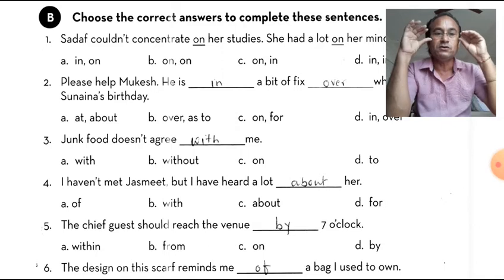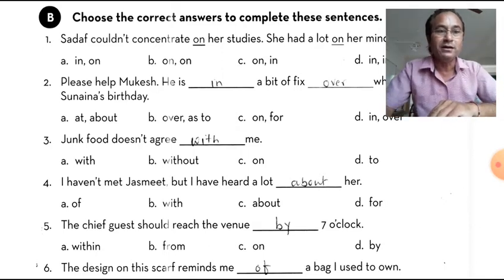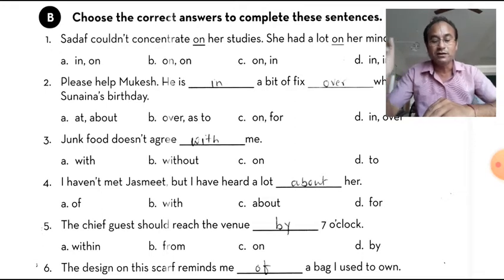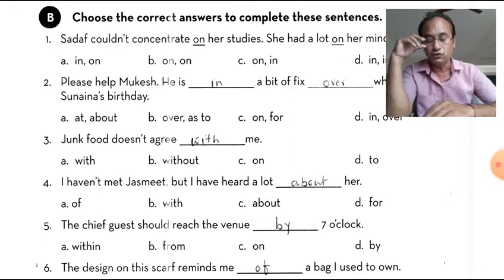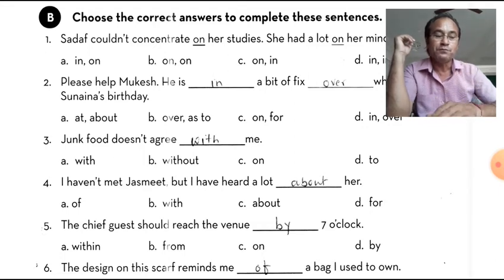Now, chief guest should reach venue by 5 o'clock. Pehle, by 5 o'clock. So it indicates by, but here by shows time.